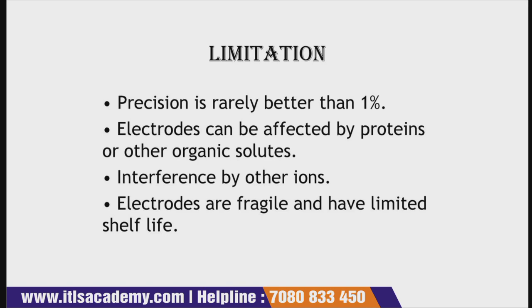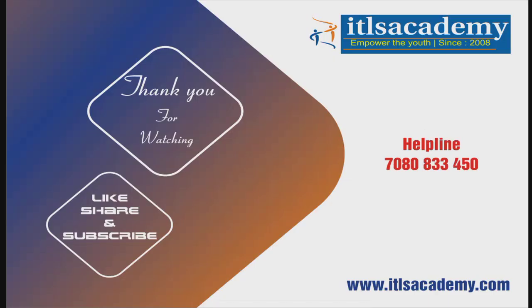Why? Because electrodes are fragile, so they have a limited shelf life. They can be affected by different types of organic solutes and by proteins, and their precision is rarely better than 1%. So these are all certain limitations associated with this technique.